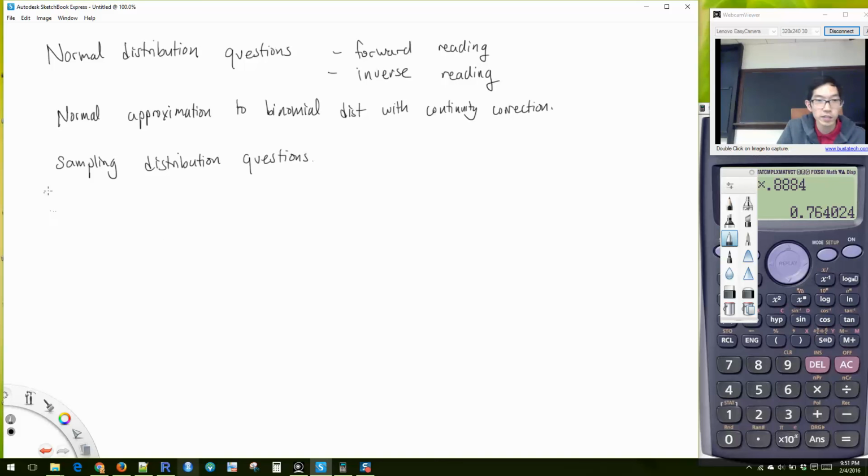You'll also have confidence interval questions. Okay, so make a CI for mu based on one sample.